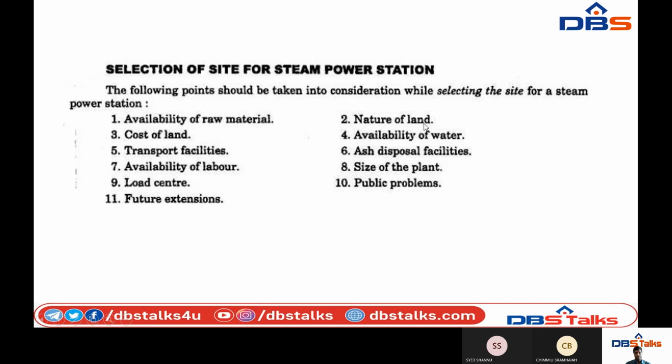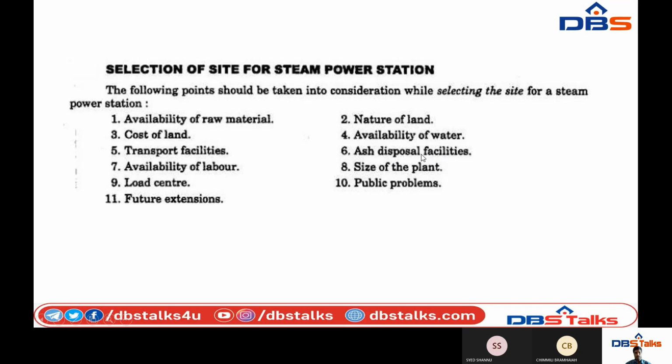These are the nature of land. We also consider cyclones and cracking areas, and we have to see whether those lands are capable of constructing the steam power stations, as well as disposal facilities.